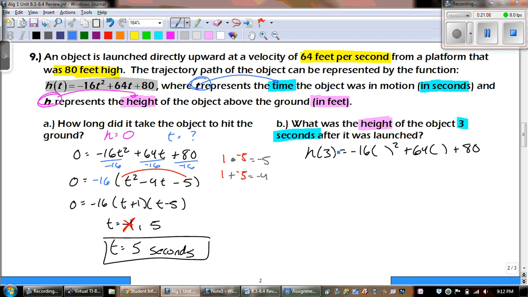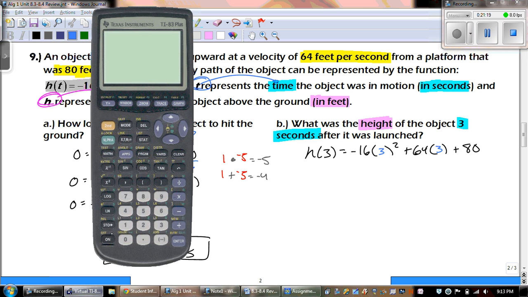So we are plugging in 3. Remember, that part right there, we don't plug into the calculator. Okay? So we have negative 16 times 3 squared plus 64 times 3 plus 80.